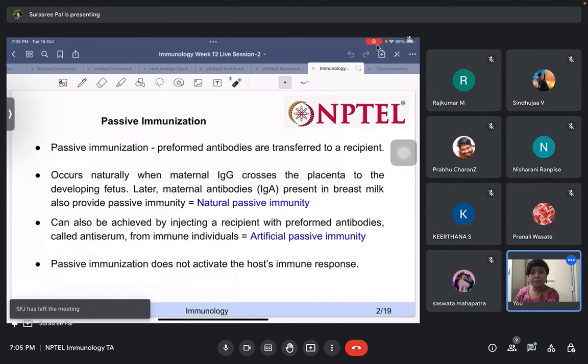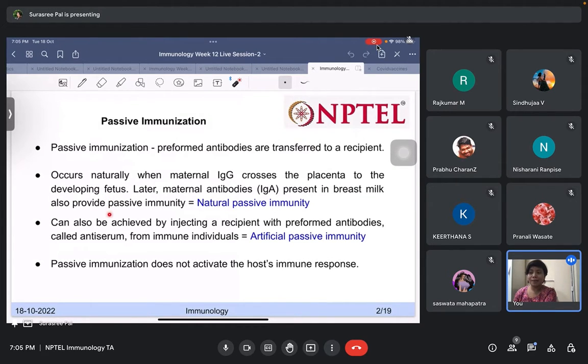This passive immunization can be natural or artificial. What does it mean? When a baby is in the mother's womb, passive immunity occurs naturally, because the maternal IgG can cross the placental layer and come to the developing fetus.